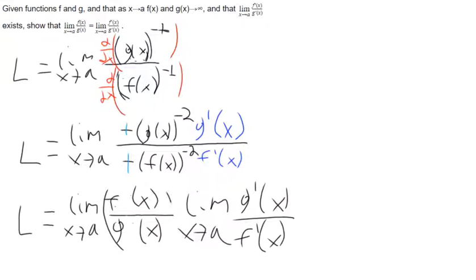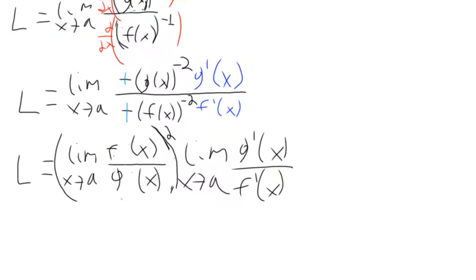And when we have the limit of something squared, it doesn't matter whether we square it first or take the limit first, so I can bring the limit inside of the square. This limit inside of the square is exactly what we started with. It's our L. We assigned L to be the limit as x goes to a of f of x over g of x. So I can replace this with an L.